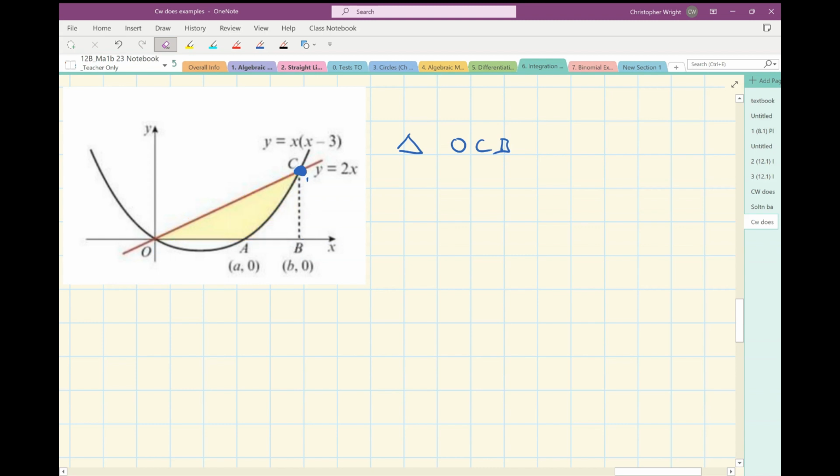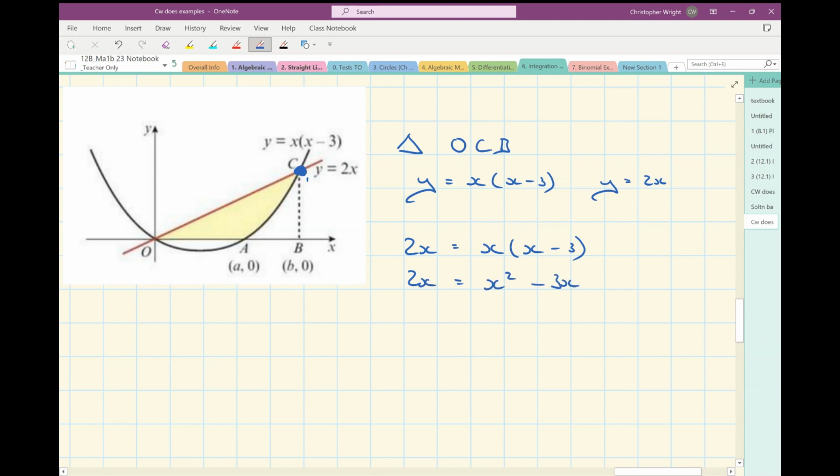So that point is the point at which y equals x(x minus 3) and y equals 2x. So I'm going to solve those two equations simultaneously. x squared minus 3x equals 2x.